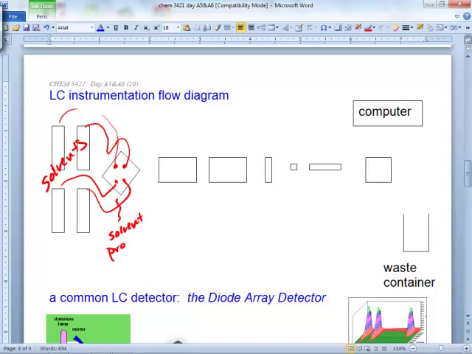So all we're saying is that all these LCs, all these liquid chromatographs, have these things in common. They're going to have all these solvents that you can pick from. Then they're going to have something that takes different percents out of different bottles. Then it's going to shoot it over to a pump.